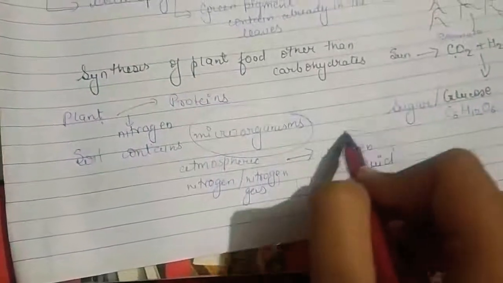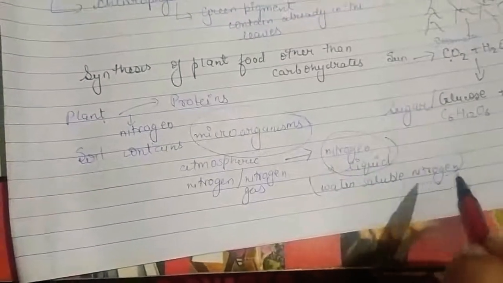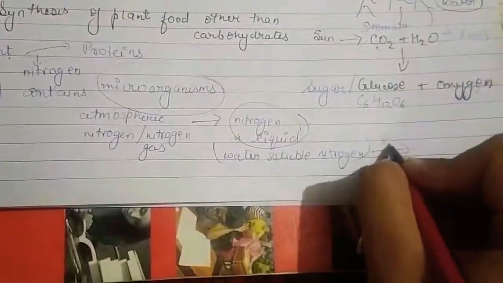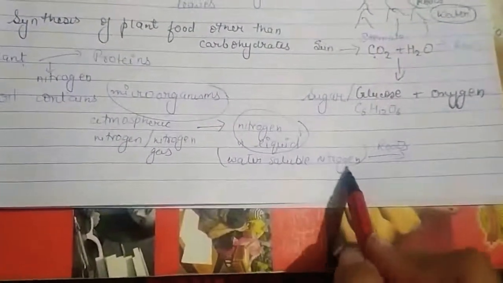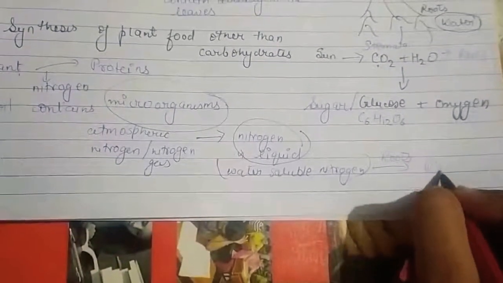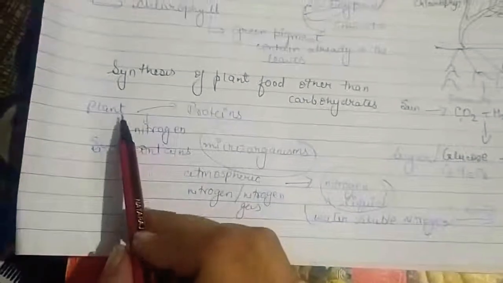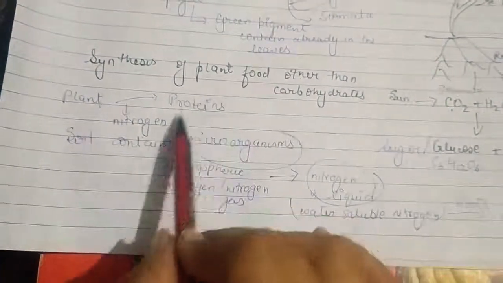This water soluble nitrogen is taken up by the roots, and further taken by the plants, and here the plant synthesizes proteins with the help of this nitrogen.